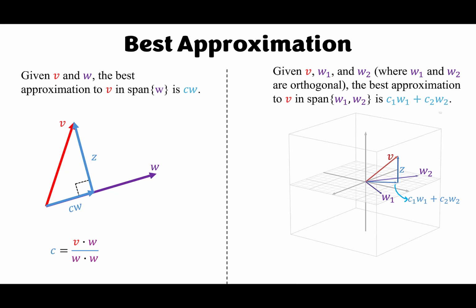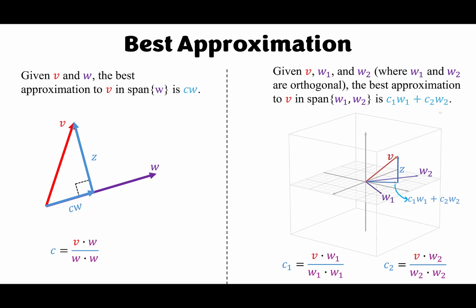In other words, if you're restricted to that plane formed by all linear combinations of w1, w2, the closest you can get to the vector v is c1 w1 plus c2 w2, and we found how to calculate c1 and c2 before. It's the ratio of the dot products. So there's c1 and there's c2.